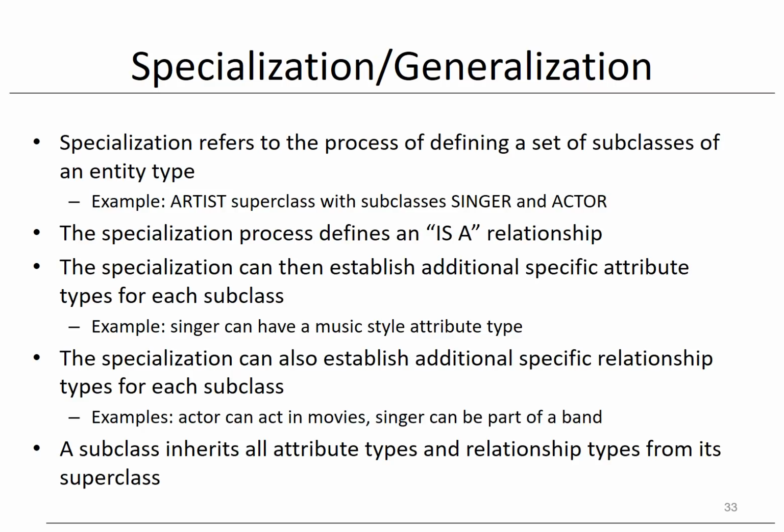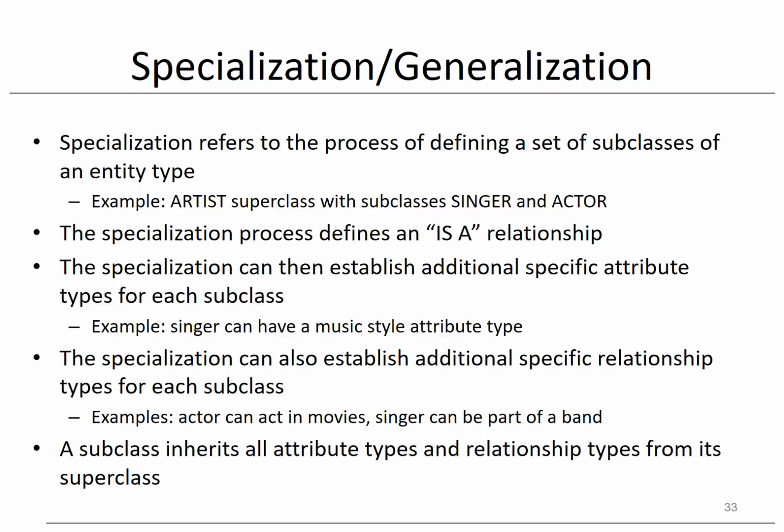The concept of specialization refers to the process of defining a set of subclasses of an entity type. The set of subclasses that form a specialization is defined on the basis of some distinguishing characteristic of the entities in the superclass. As an example, consider an artist superclass with subclasses singer and actor.